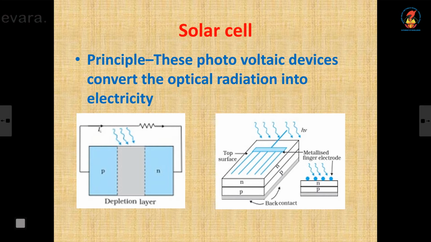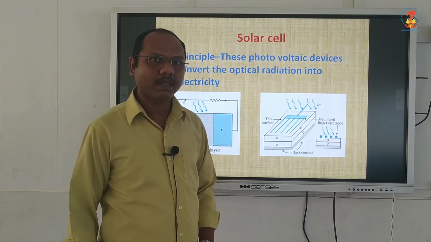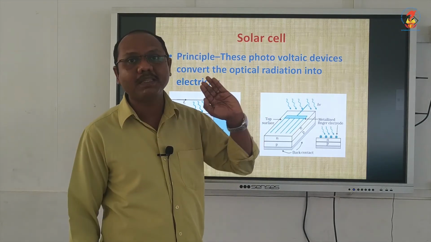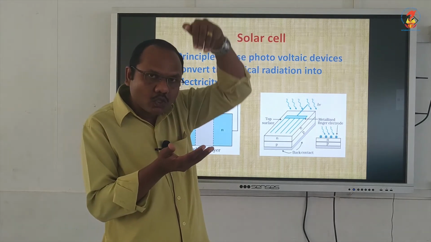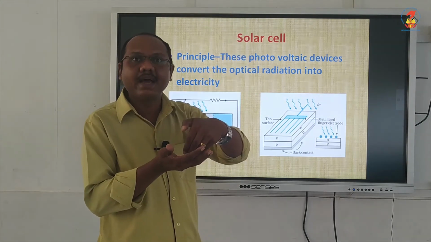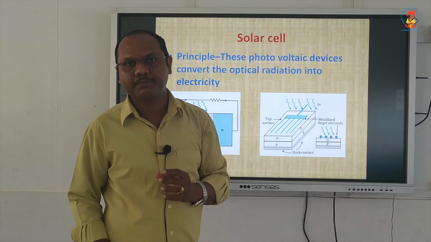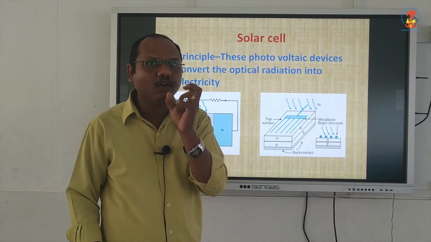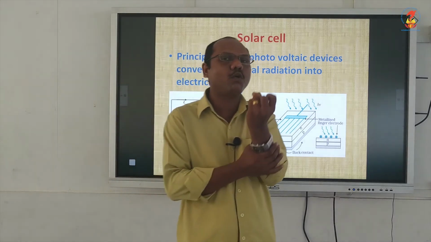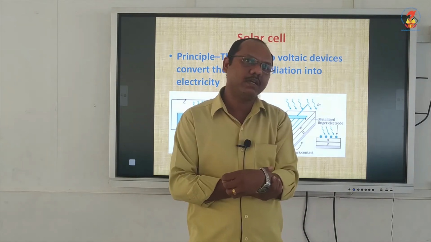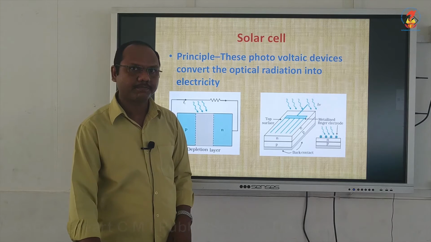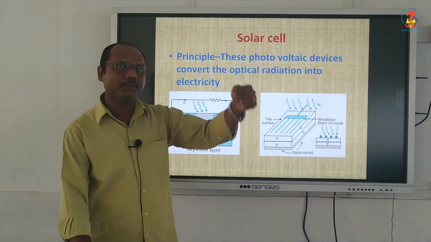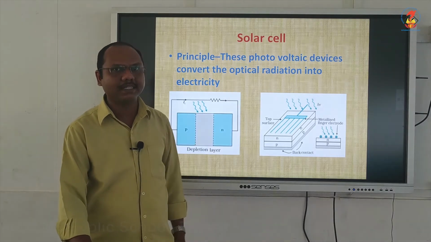The N layer is very thin because it is the first layer, so that light can pass through the N layer and reach the junction. The energy of the light has to be absorbed at the PN junction only. That is why the N layer is made thinner.